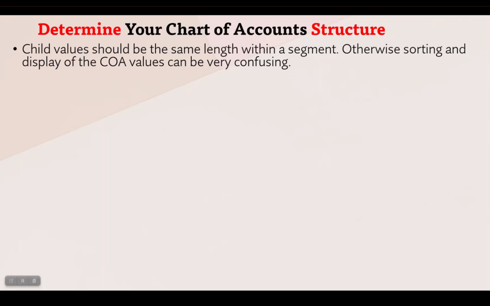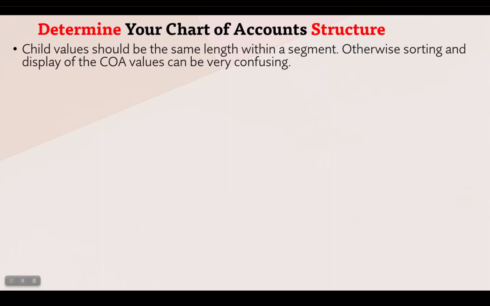Child values should be of the same length within segments. Otherwise, sorting and displaying the chart of accounts values can be very confusing. We have two levels, parent and child. We can have up to 9 parent levels and the child value is only one level.